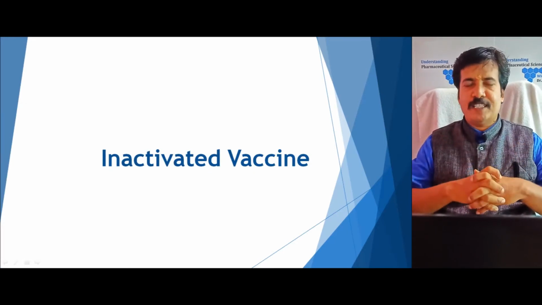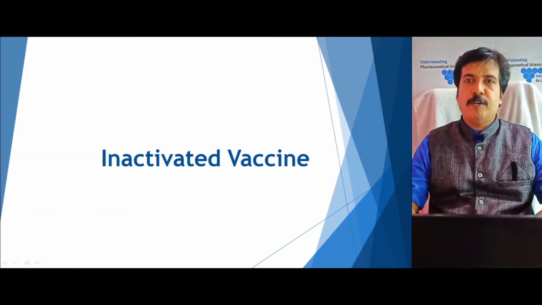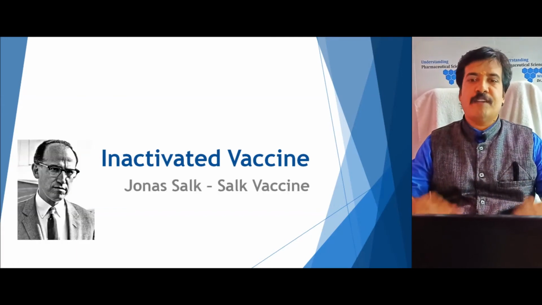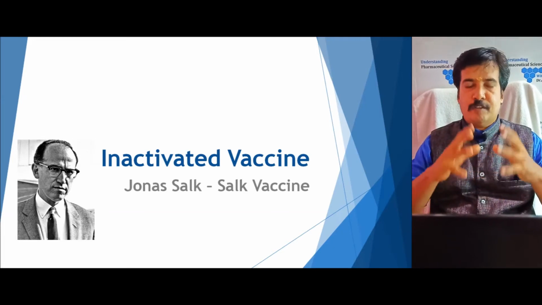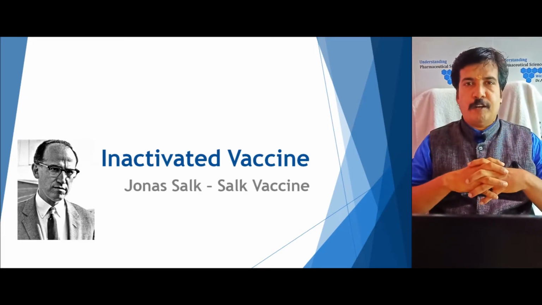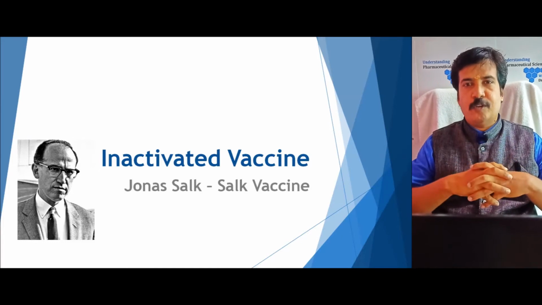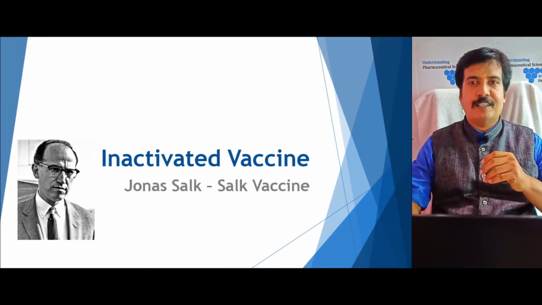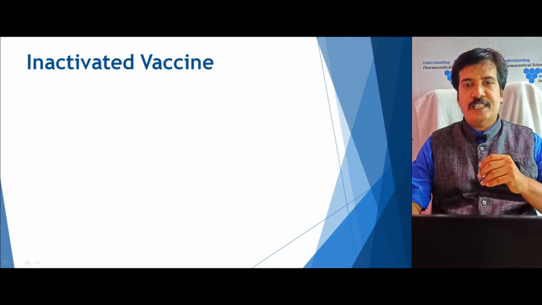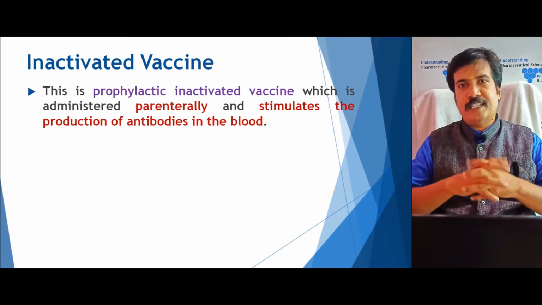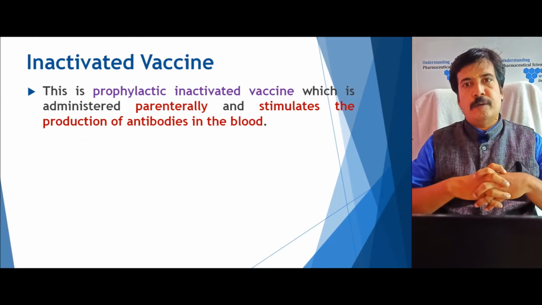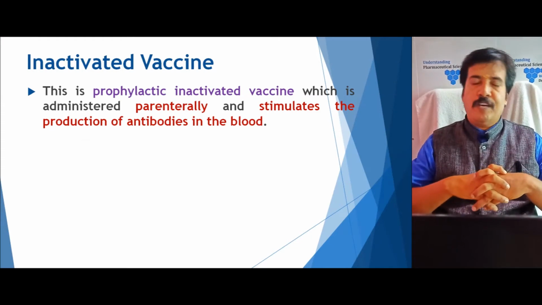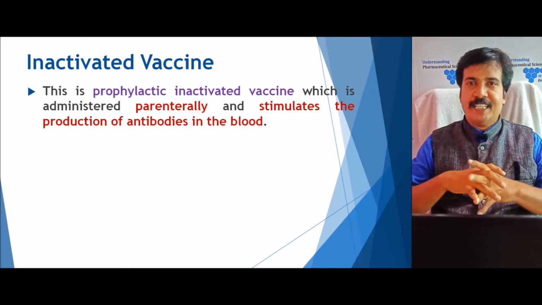The first one is the inactivated polio vaccine. It was developed by Jonas Salk, one of the reputed American virologists, so it is also called the Salk vaccine. The inactivated polio vaccine is administered prophylactically through the parenteral route, whereas the second type, the attenuated vaccine, is given orally.